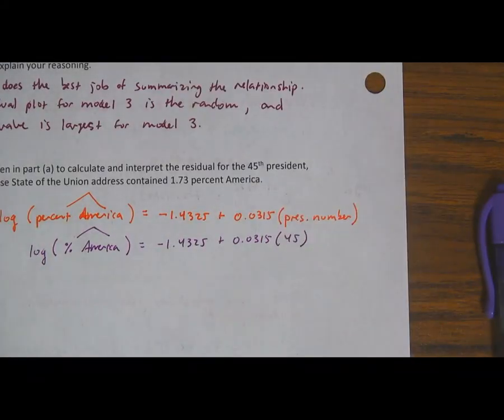So grab your calculator. Negative 1.4325 plus 0.0315 times 45th president.